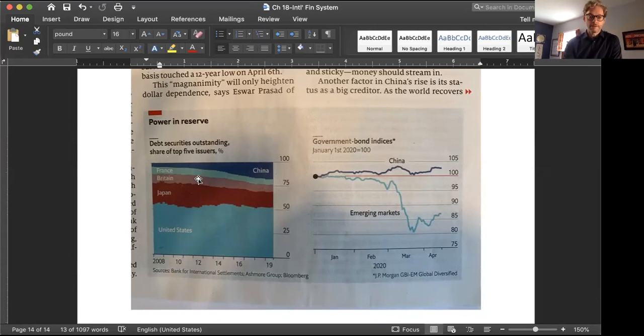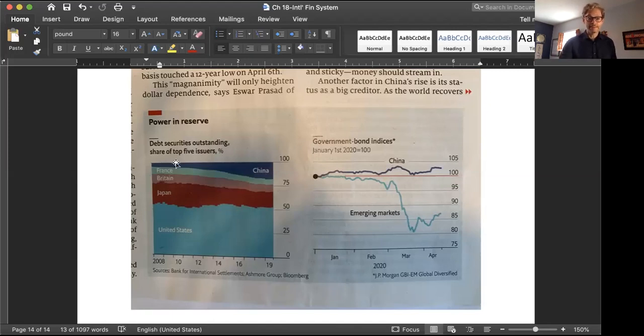First off, look at, of all the debt in the world, how much of it is issued by the United States. And this is a function of the fact that the US borrows too much. But it's also a function of the fact that the US can borrow so much, right? I mean, people buy US debt. They like to buy it. The US, because it's an international currency, is an attractive asset for people to hold.